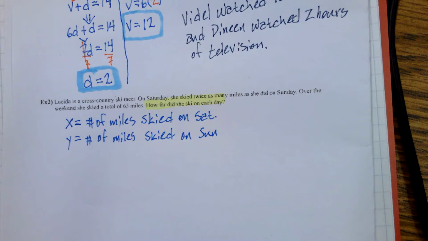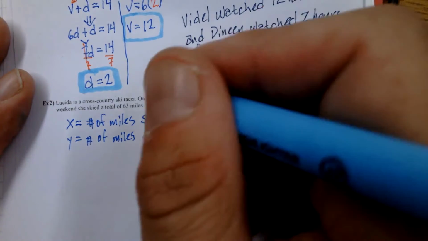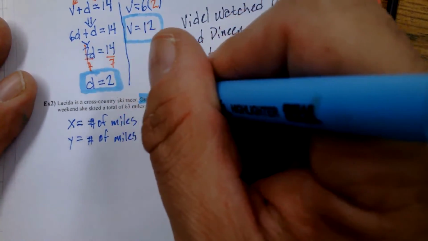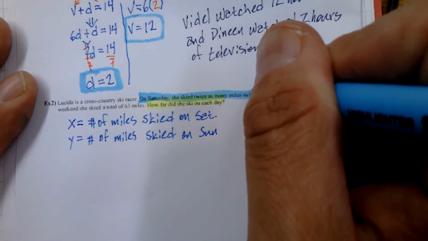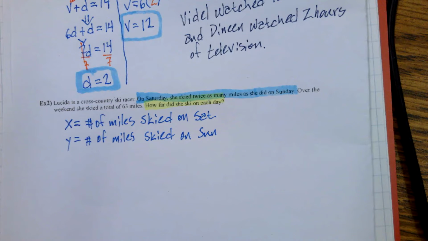So let's go back, reread it, and add. It says on Saturday she skied twice as many miles as she did on Sunday. So what day did she ski more miles?